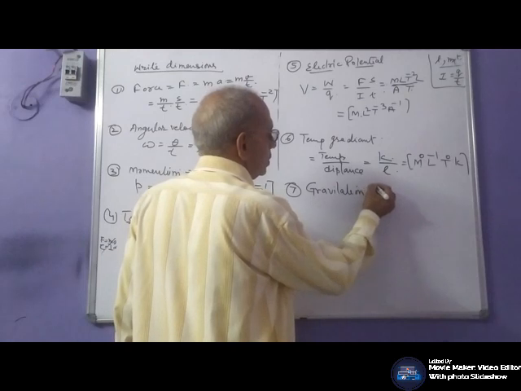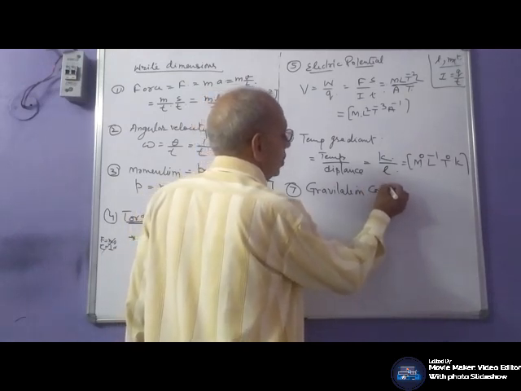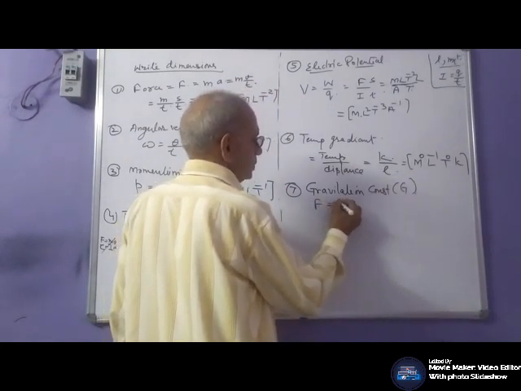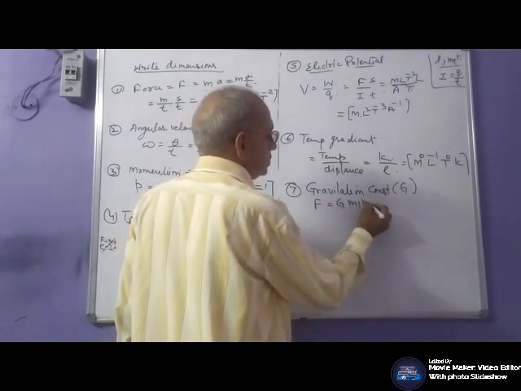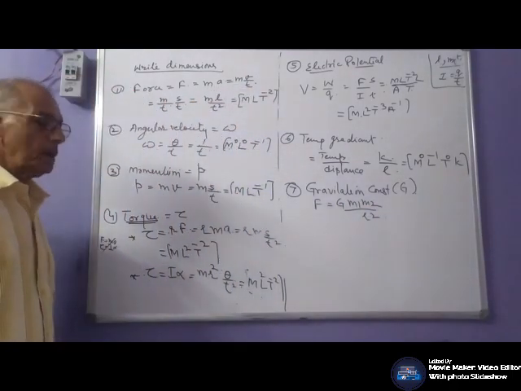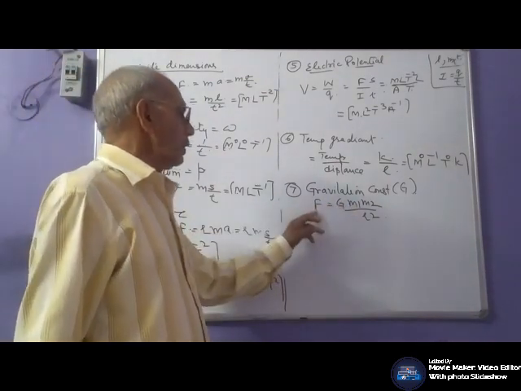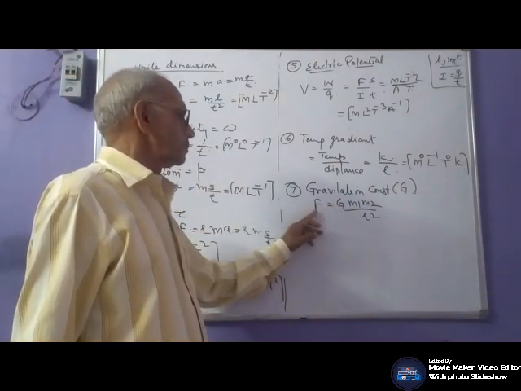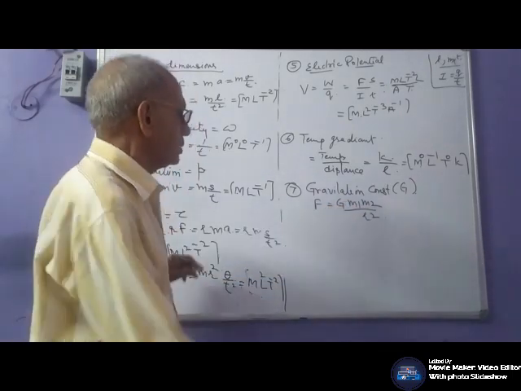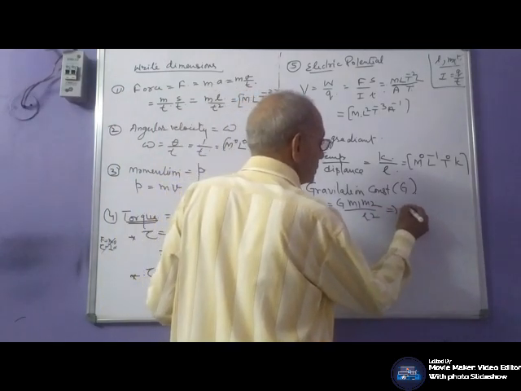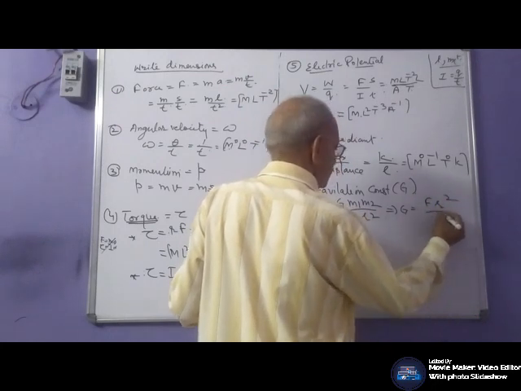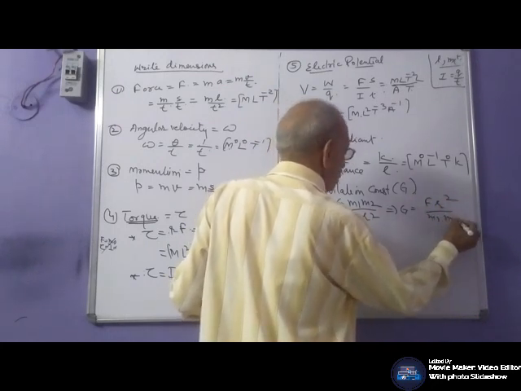Gravitational constant, capital G. We have read this. Newton's gravitational law: these are masses. Every body in the universe attracts, directly proportional to the product of masses, inversely proportional to the square of distance. So G comes out to be F r square by m1 m2.